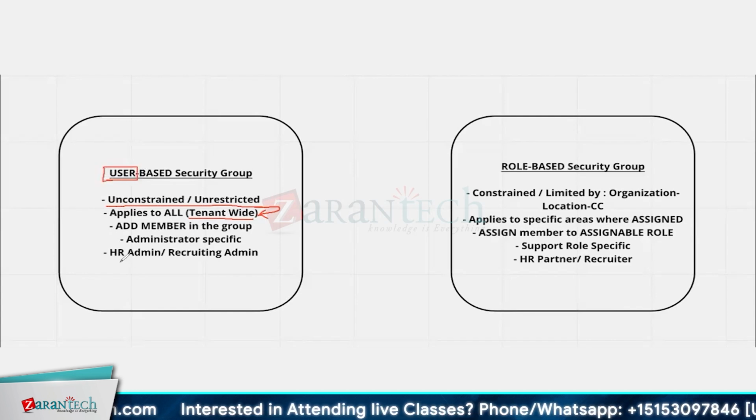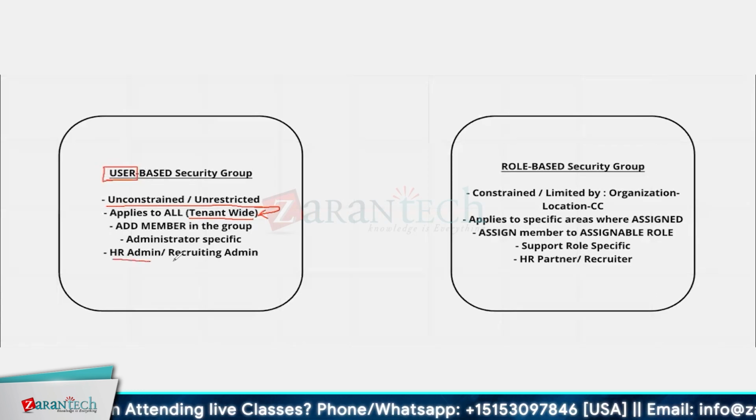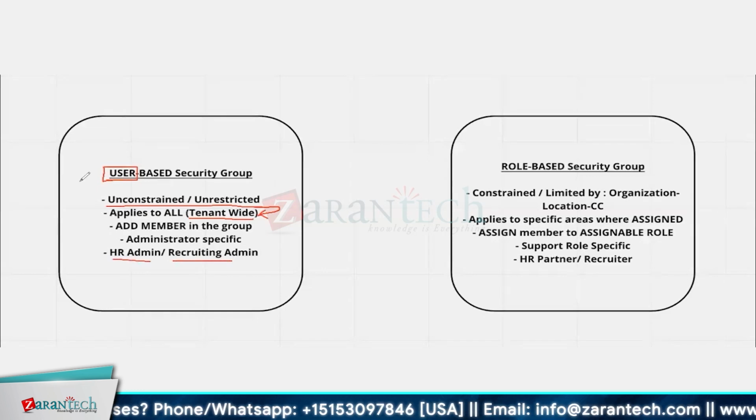So for example, if I'm an HR admin or a recruiting administrator, I will have access to everyone in the tenant. The primary reason for that is because I'll be involved in doing configurations. We add the members in the group and we are the pure administrators of the system. That is why we have tenant-wide access.